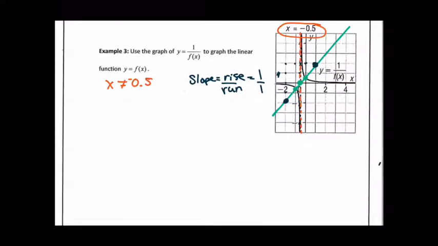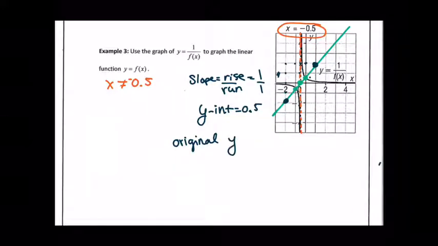And it looks like our y-intercept is 0.5. So our original line looks like 1x plus 0.5.